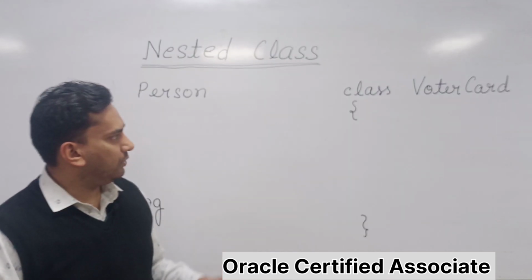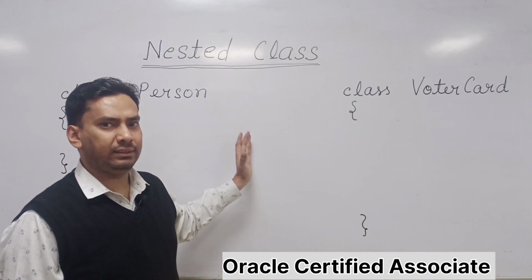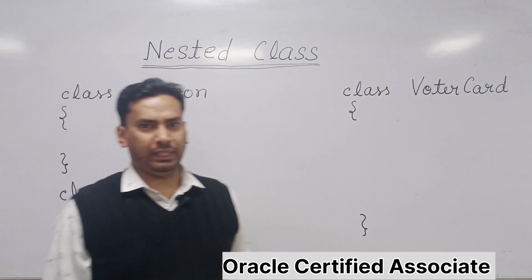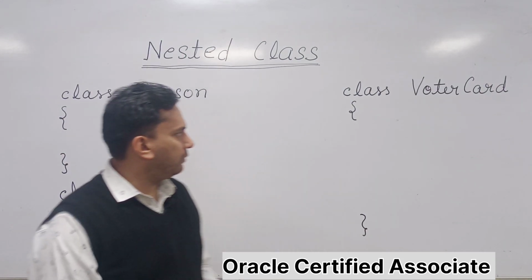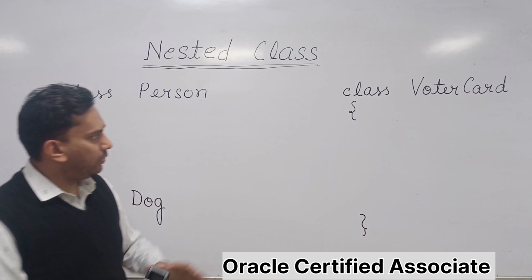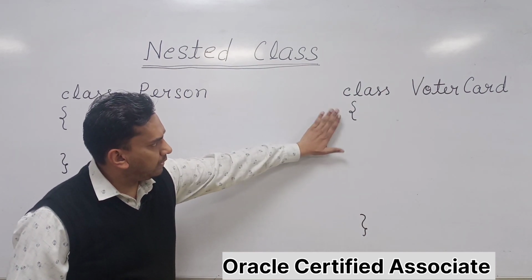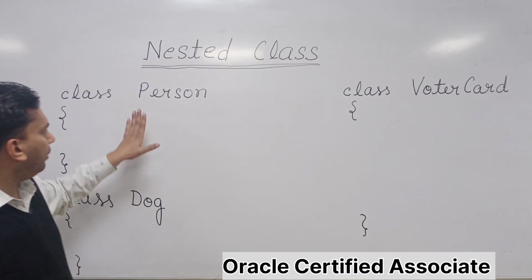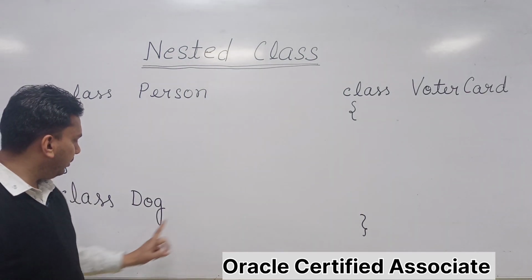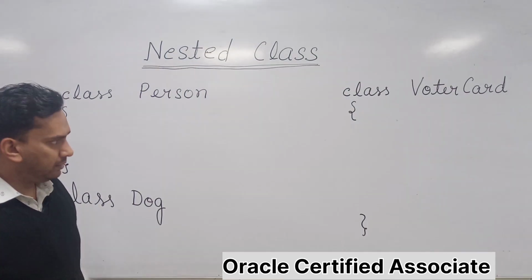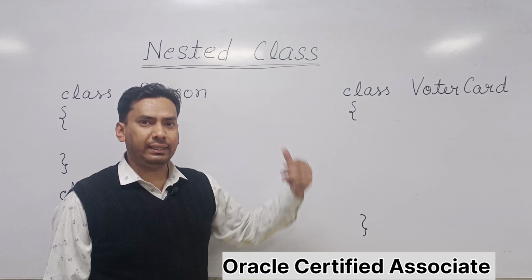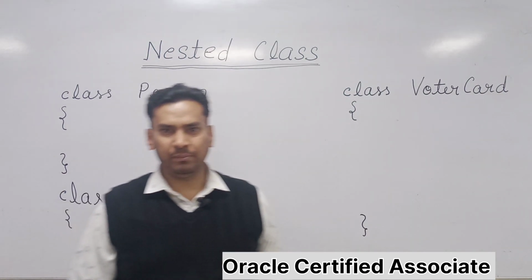The first reason for creating a nested class is logical grouping of classes. I want to ensure that the object of VoterCard is created only by the Person class but not by any other class. So what I can do here is create it as a nested class.